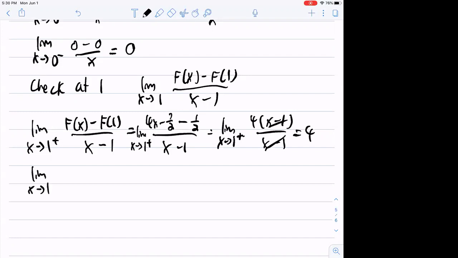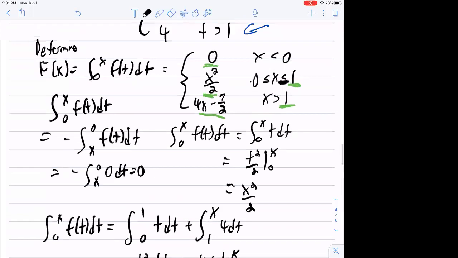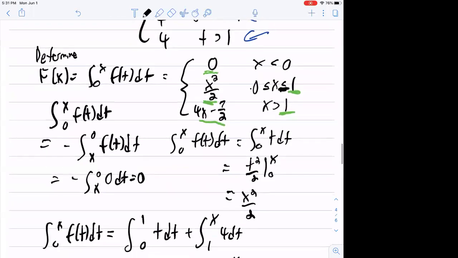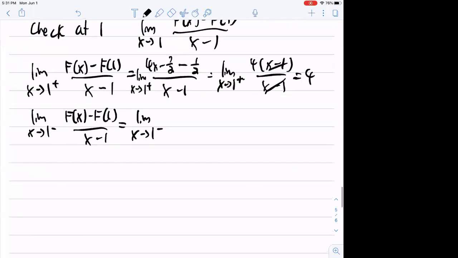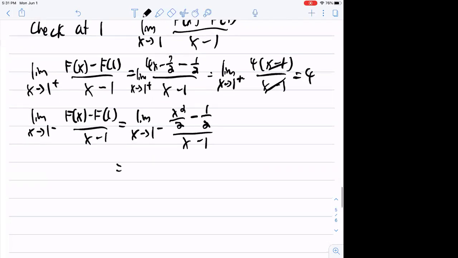On the other hand, if I take the limit from the left, what do I get? Obviously f of 1 is still a half. If I take it from the left, I'm using x squared over 2, so x squared over 2 minus a half over x minus 1.